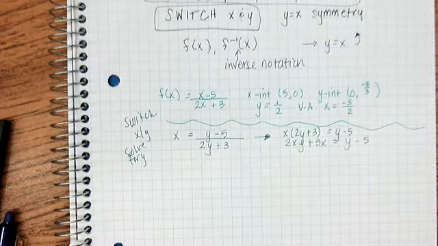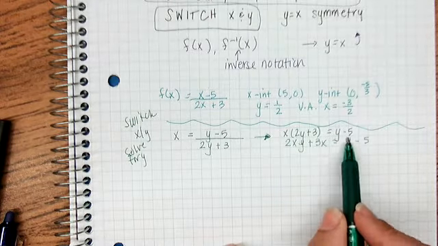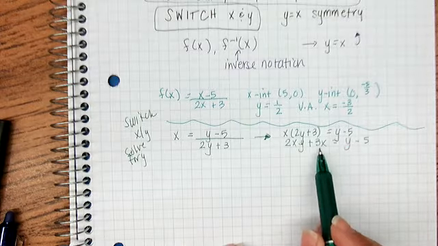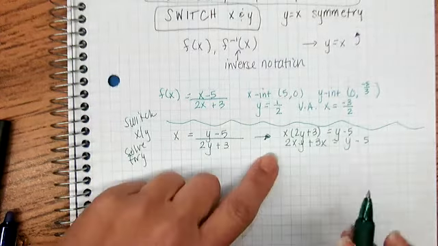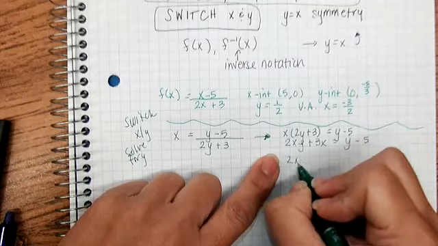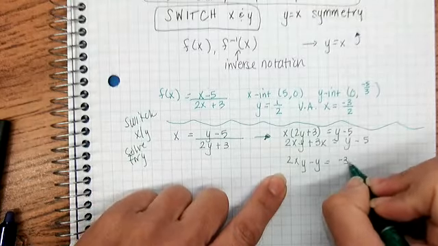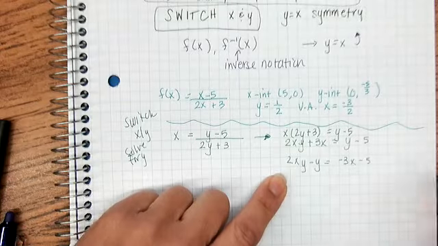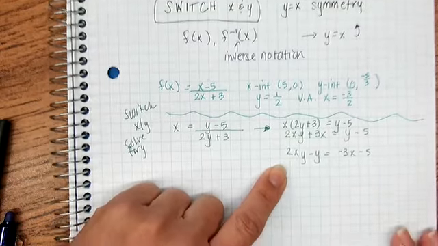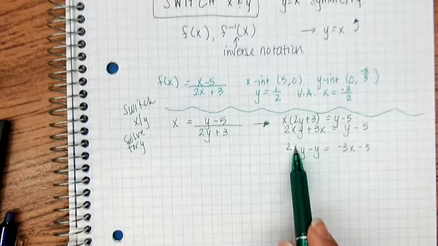If you want to solve for y, you must get the y's all together on the same side of the equation so that you can factor. I'm going to subtract y, and then I'm going to subtract 3x. So this is going to give me 2xy minus y equals negative 3x minus 5. The reason for this is that now I can factor.